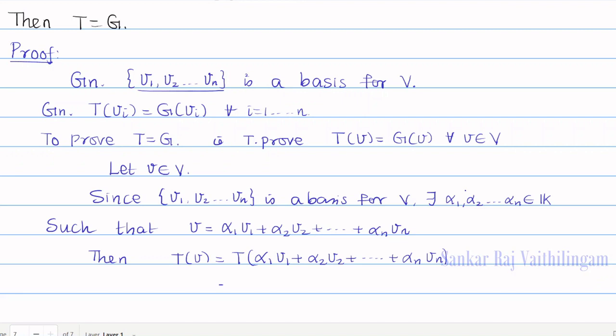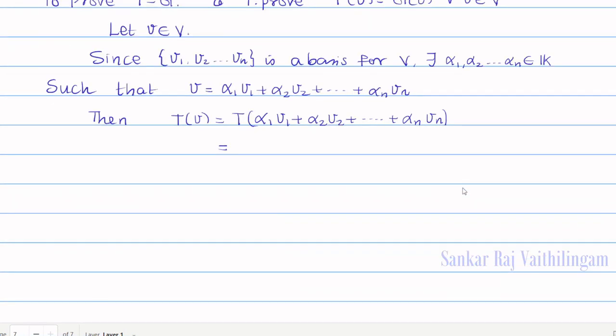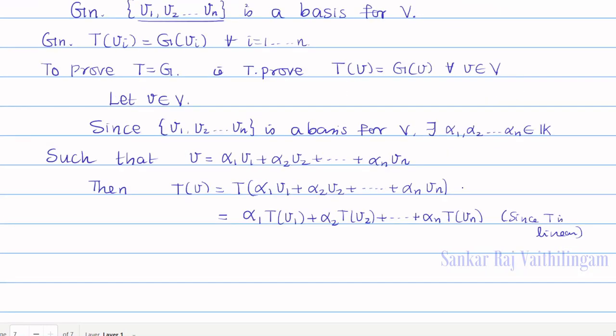Since T is linear, this is equal to alpha 1 T of V1 plus alpha 2 T of V2 plus ... plus alpha n T of Vn. This happens because T is linear. But we know that T of V1 is equal to G of V1, because it is given.